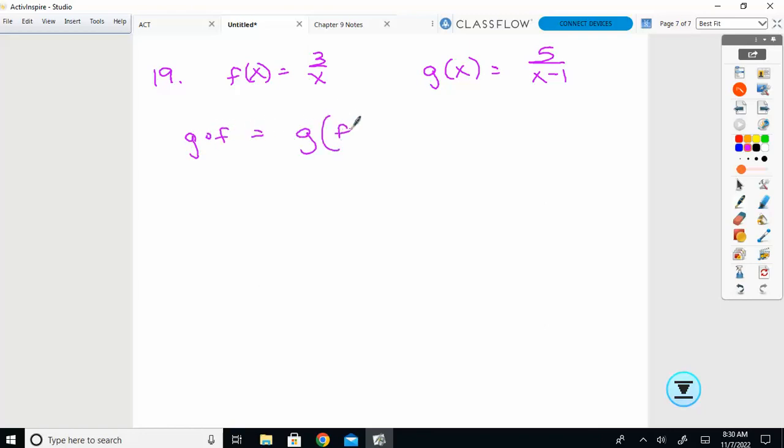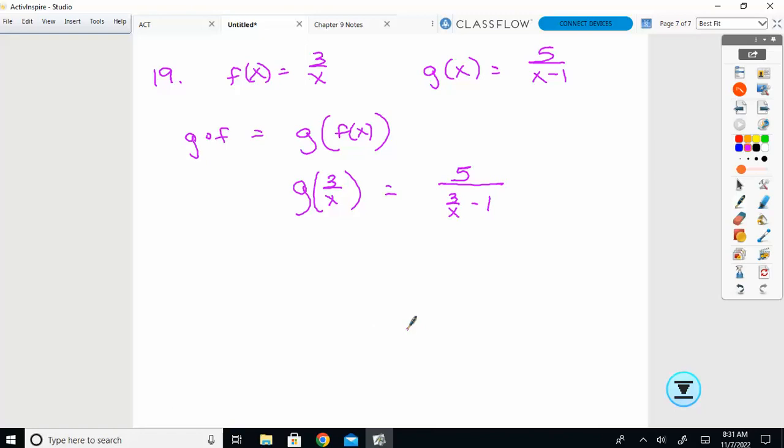So g composed with f, that means g of f of x. So f of x is 3 over x. I am plugging that into g. So I get 5 over 3 over x minus 1.